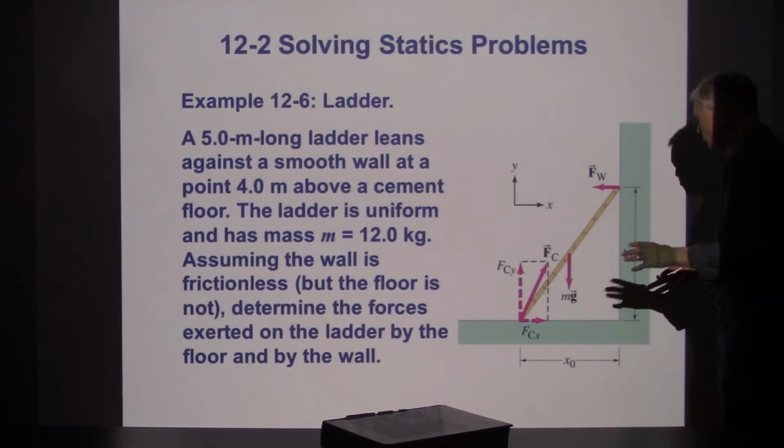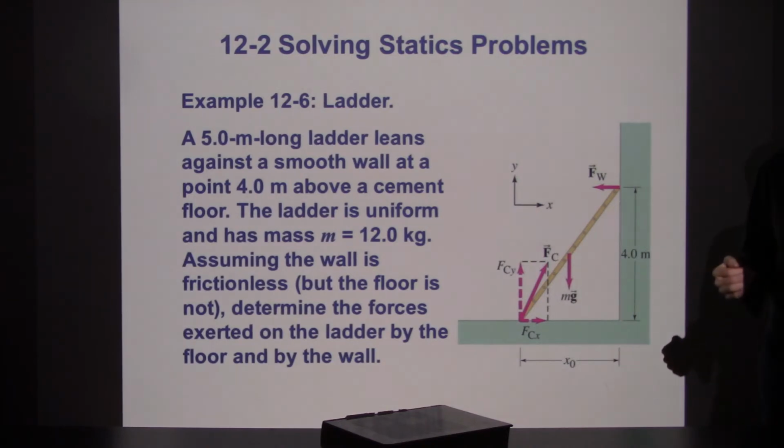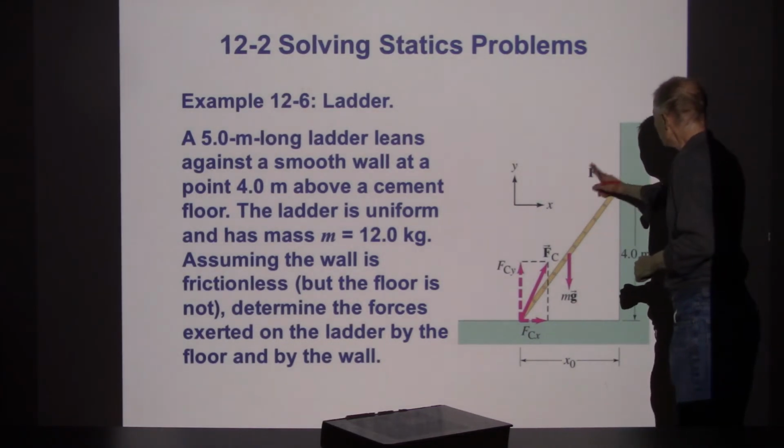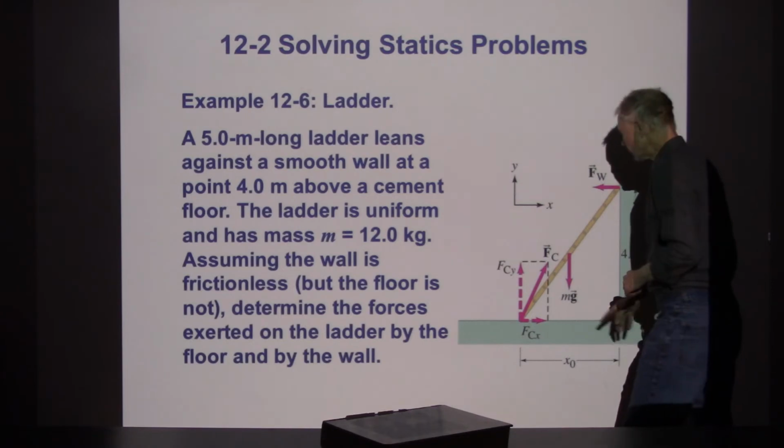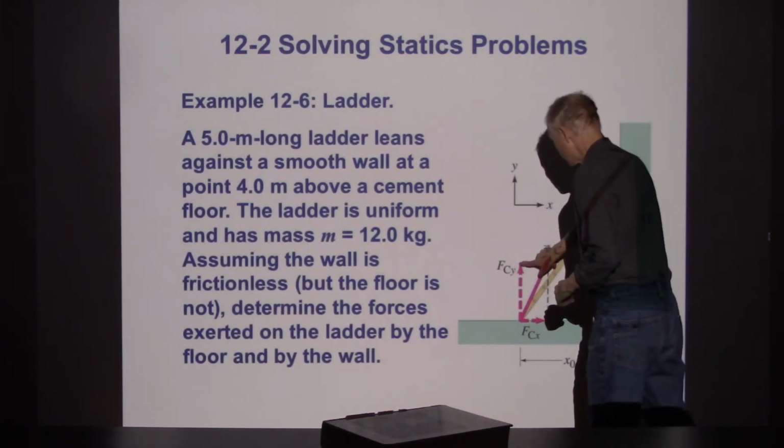It's beginning to look like the ladder itself is the central object that we want to analyze to determine all the forces. We want to find out how much force there is along the wall. That's a normal force. And how much force is there vertically along the floor?